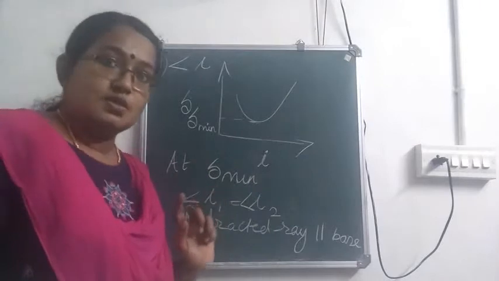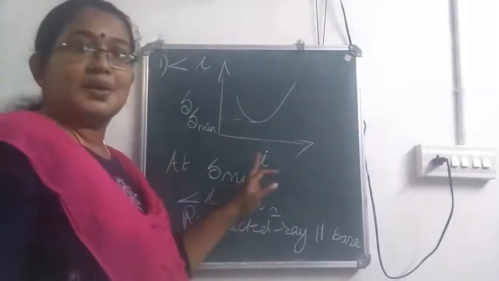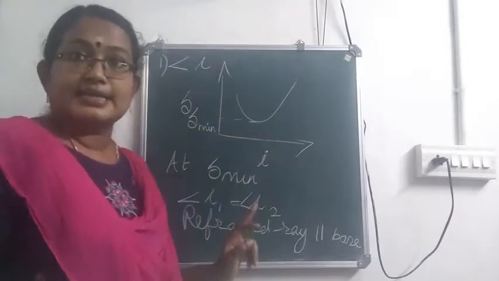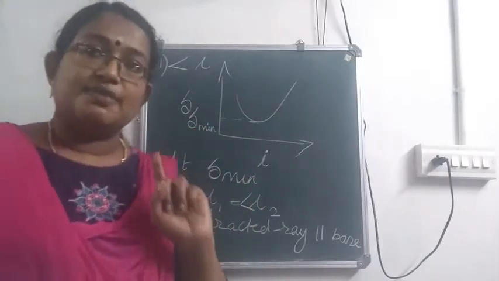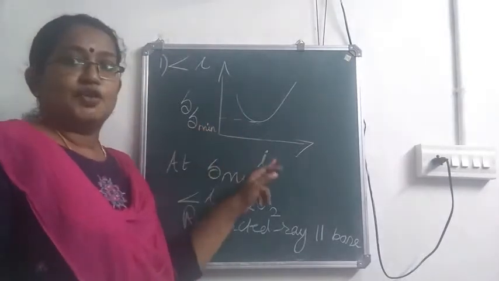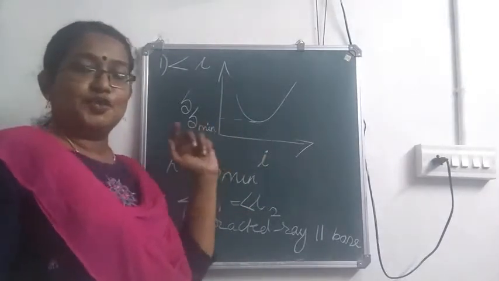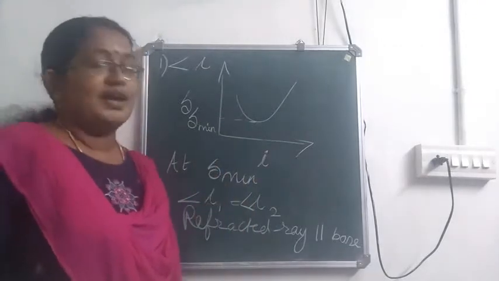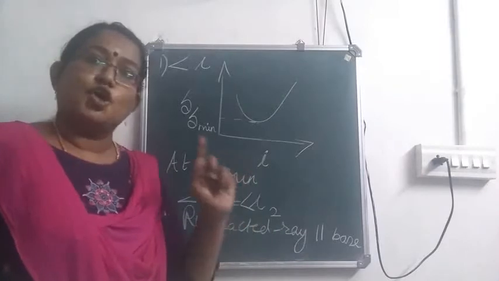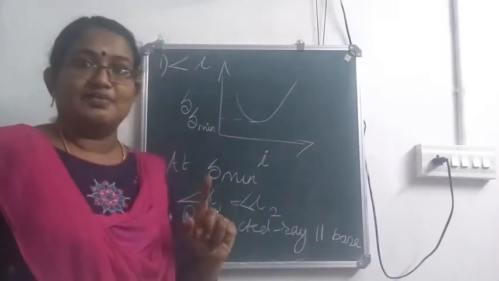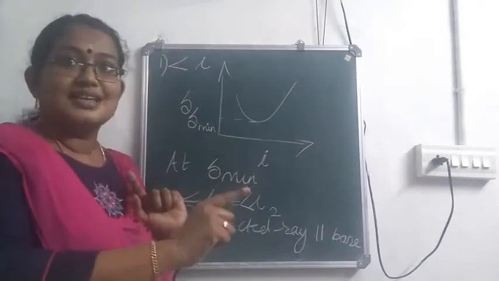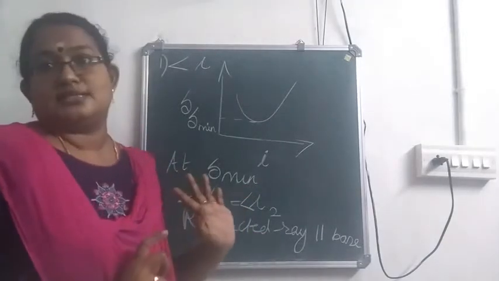So this is also very important. We are drawing the graph by plotting the values corresponding to i and delta. So for one value of i, we will be getting a value for delta, isn't it? So for one value of angle of incidence, we will be getting only one value for angle of deviation. Only one value will be obtained which is parallel to the base.